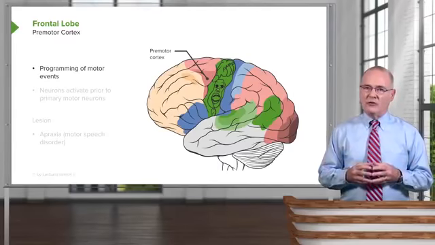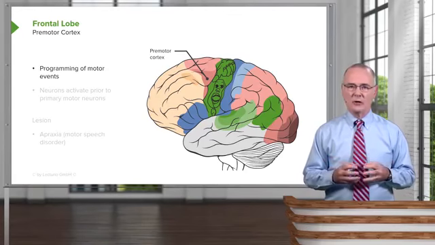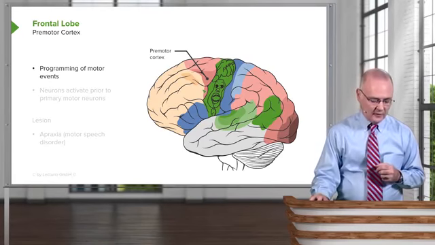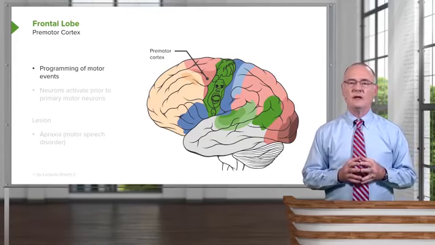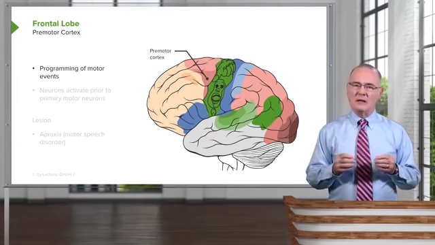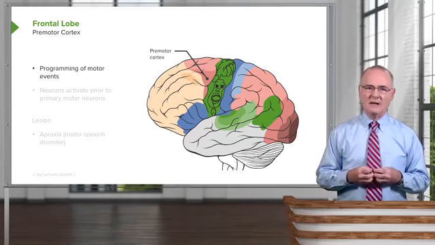Another area of interest that I want you to understand is that of the premotor cortex. The premotor cortex lies anterior to the primary motor cortex, and we see it's a small area here, but it's essential in the programming of motor events.